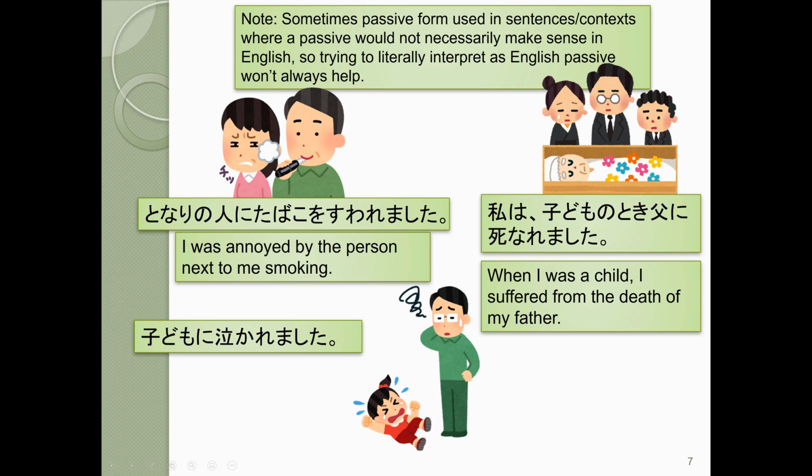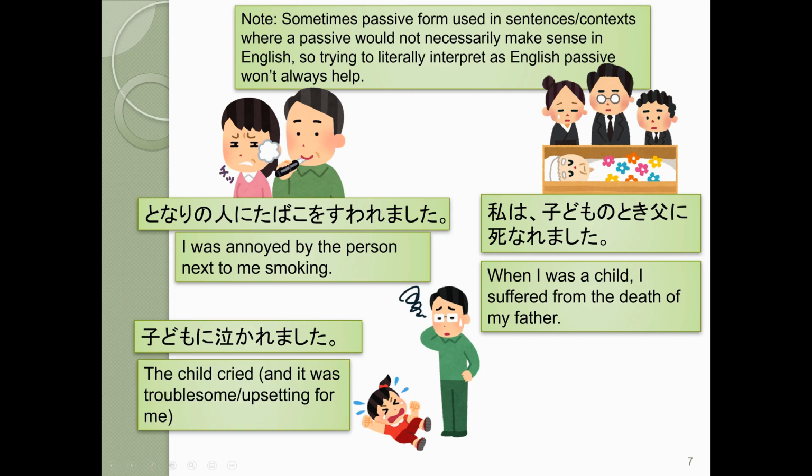But the idea is that I suffered because of it. My father died and it caused me suffering. It caused me unhappiness. ですね。Or 子供に泣かれました。We don't say in English I was cried. But the idea here is the child cried at me and that made me feel troubled. That was upsetting. That stressed me out. ですね。So, 隣の人に, 父に, 子供に, you are made to feel unhappy in some way by that verb.